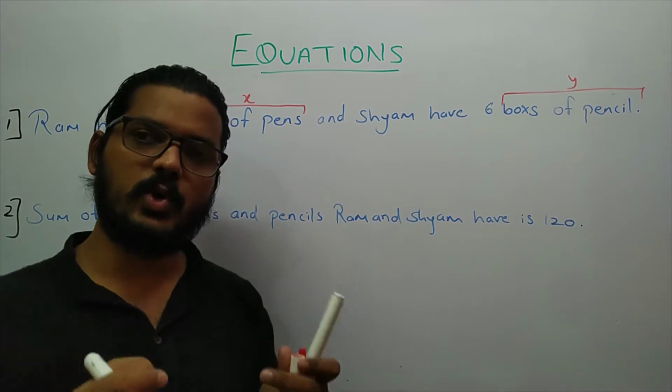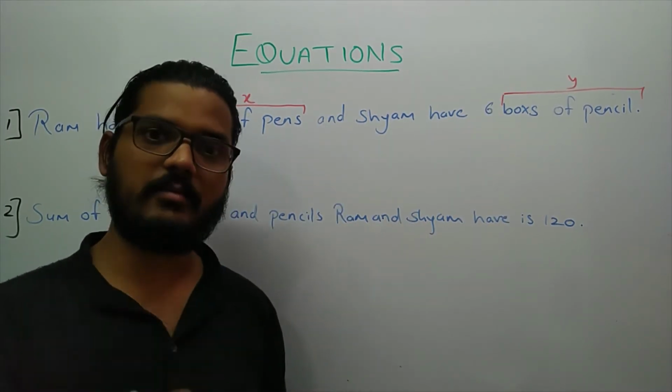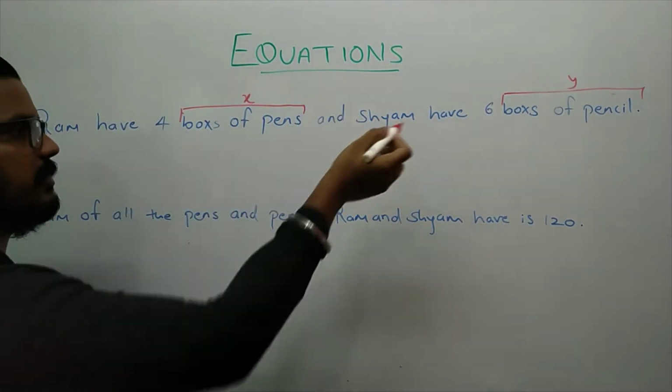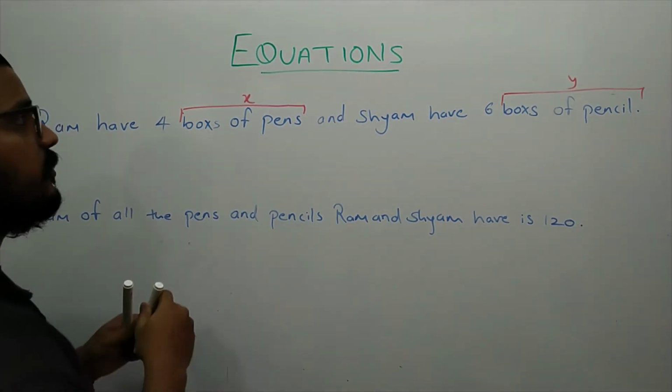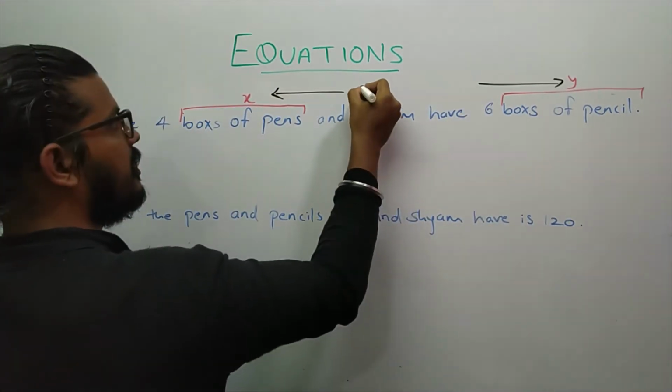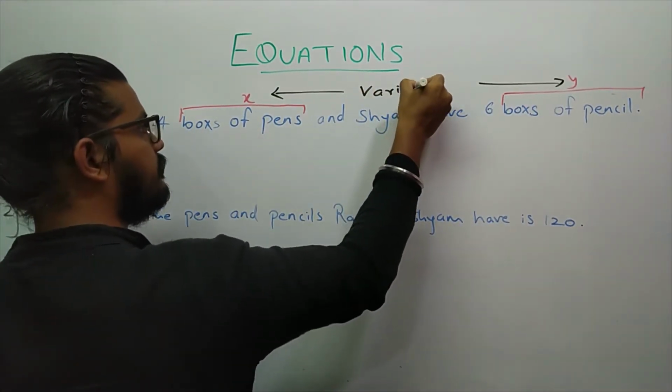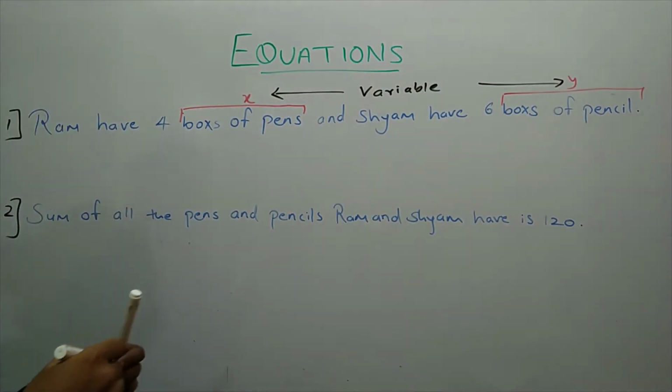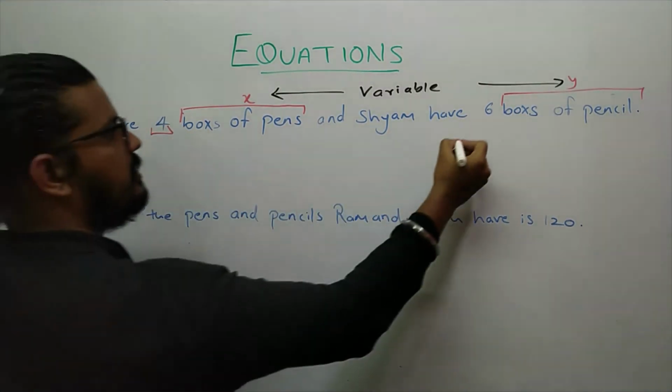So if you don't know the value of certain thing in math, you denote it with a variable. So basically right over here X and Y is nothing but your variable. Now with the variable we have certain values as well, like 4 and 6.